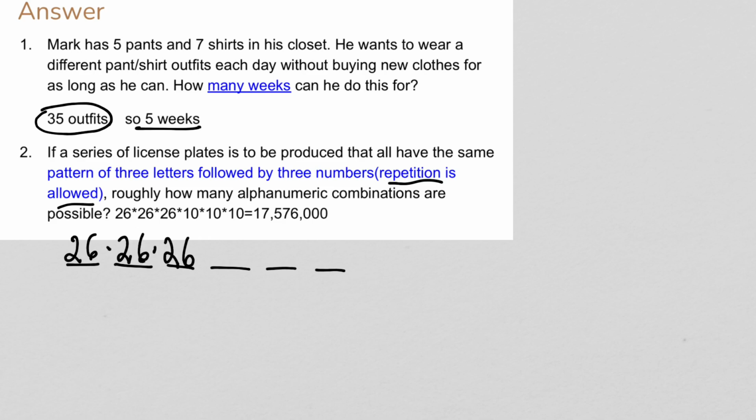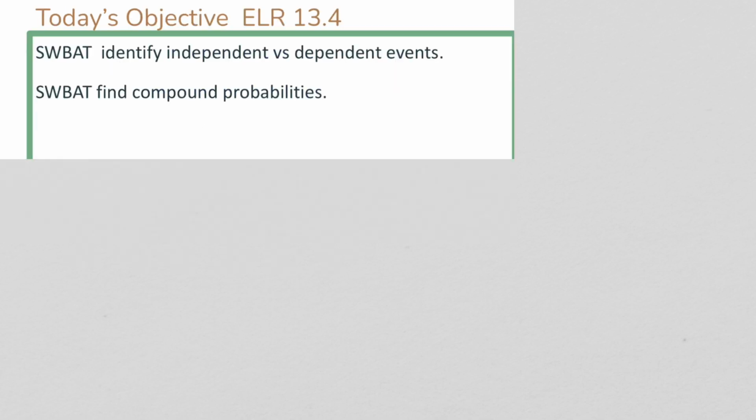So for each position for the 3 spots, there are 26 possibilities. The digits 0 to 9, there are 10 of them, and again, it can repeat. And when you put that in the calculator, you get this big number, 17,576,000.